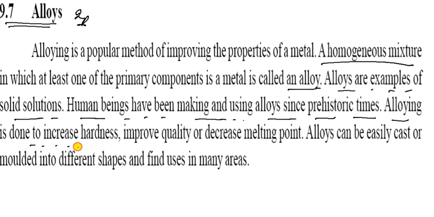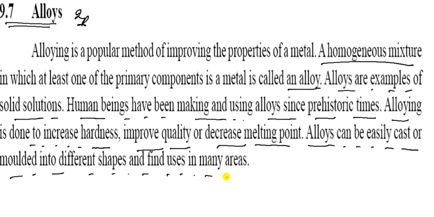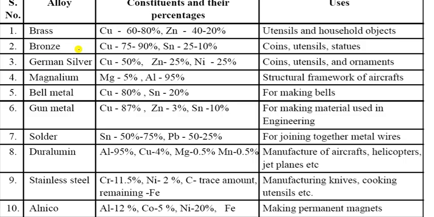Now come to the next one. What is an alloy? That is a very important thing. Alloying is a popular method of improving the properties of metal. An alloy is a homogeneous mixture in which at least one of the primary components is a metal. So remember, alloys are examples of solid solution.